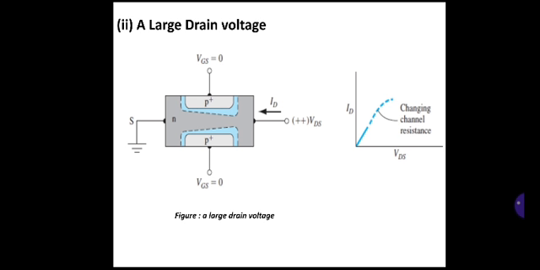The effective channel resistance now varies along the channel length, and since the channel current must be constant, the voltage drop through the channel becomes dependent on position. So this is what happens when the drain voltage is increased.